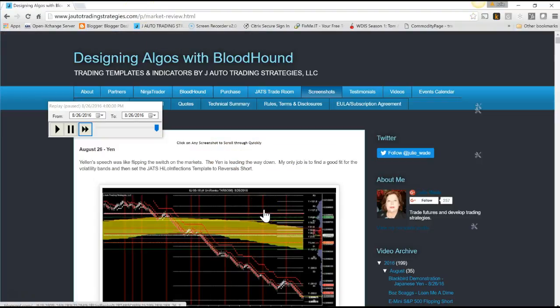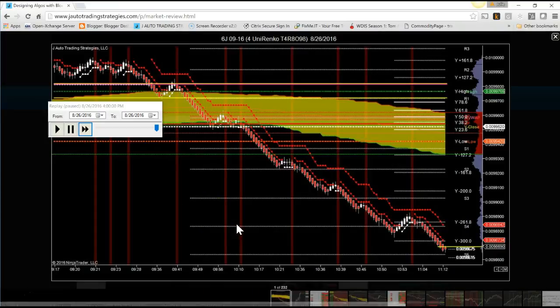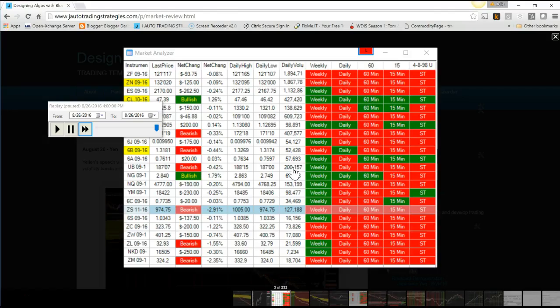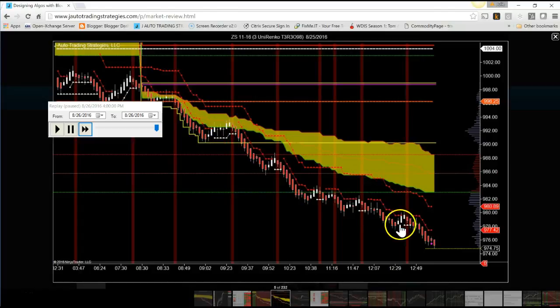But if you would like to get the software, I give you the trading template so that you can set it up yourself, find your fit, find your volatility, set your chart up like I do, and then use my template on those after those pullbacks to enter the trade yourself.